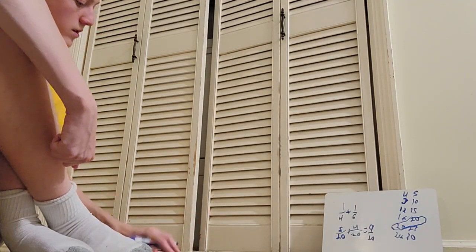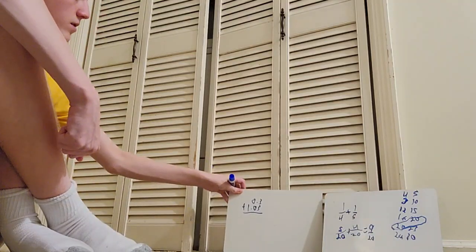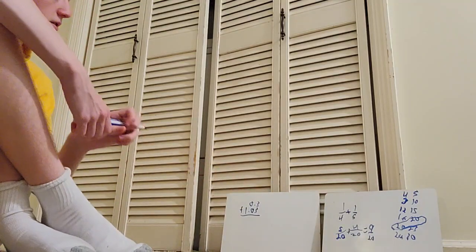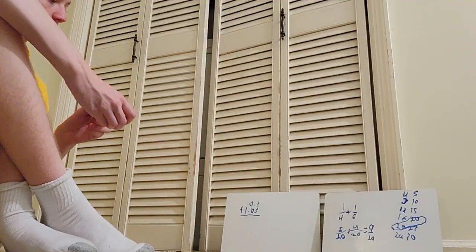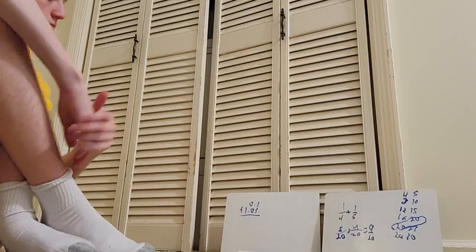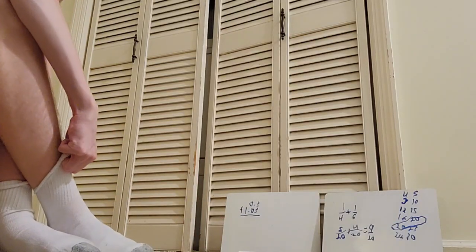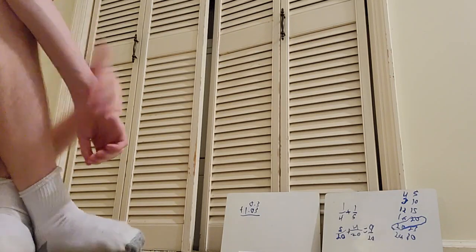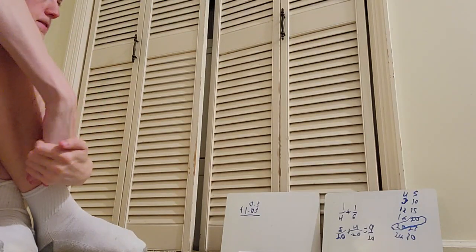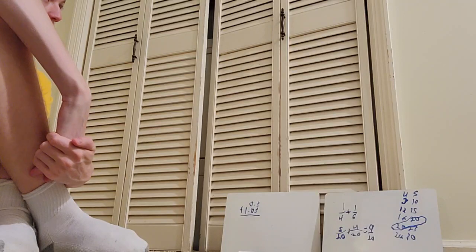So if I were to add these, 0.3 and 0.03, how would I add them? Tell me the steps and what number goes where. Three plus three is 6.